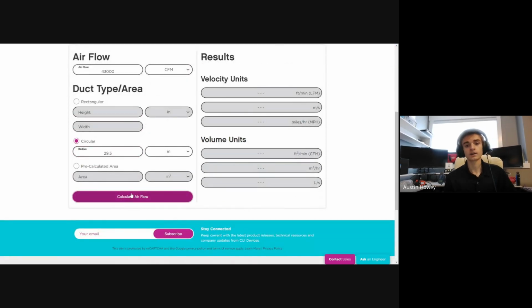And then if I calculate the airflow, my Wi-Fi decides to work. Maybe.